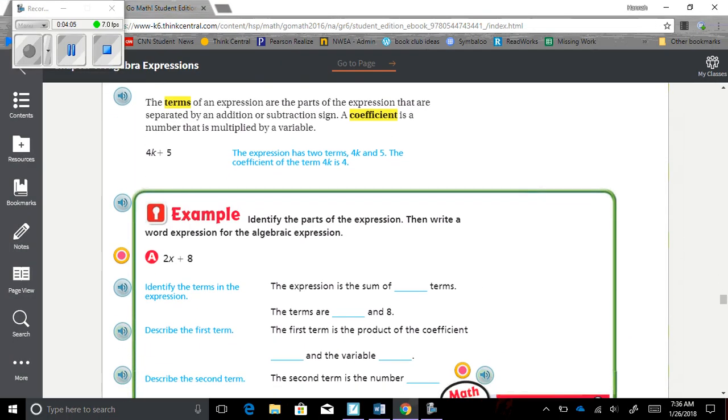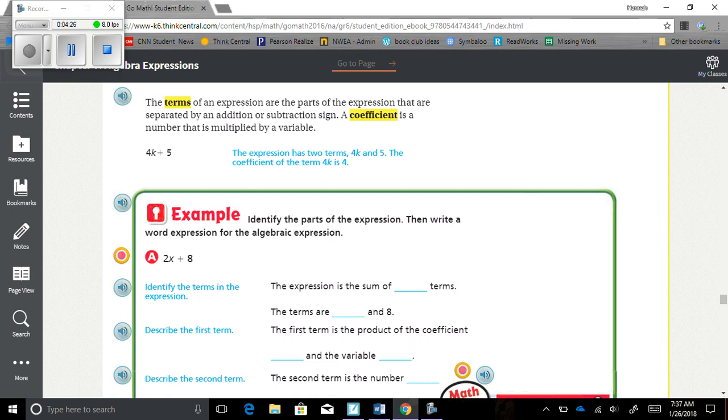Okay, the terms of an expression are the parts of the expression that are separated by an addition or subtraction sign. A coefficient is the number that is multiplied by a variable. Okay, so this expression here, right below where I just read, 4k plus 5. The expression has 2 terms.